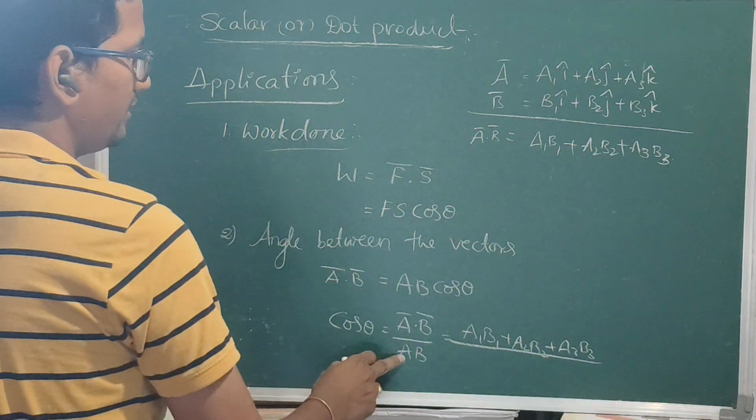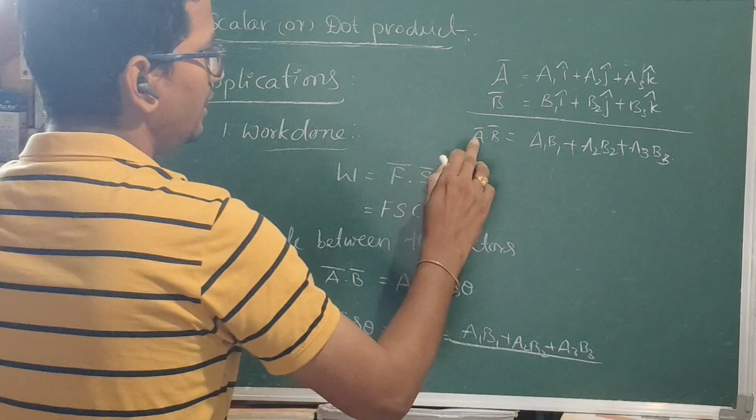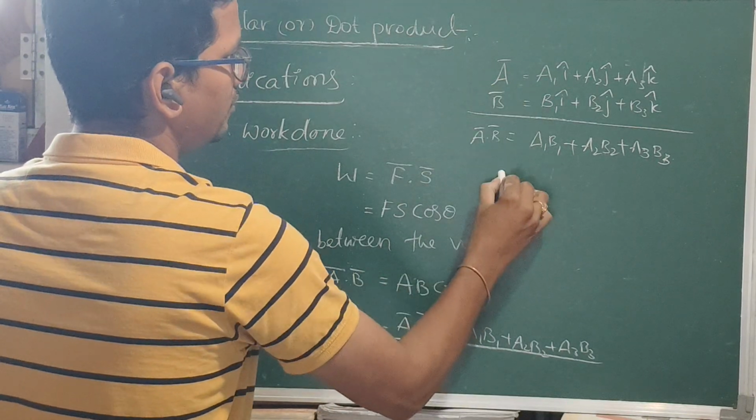And next, A and B. A means the magnitude of A, and B means the magnitude of B. How can you find the magnitude?